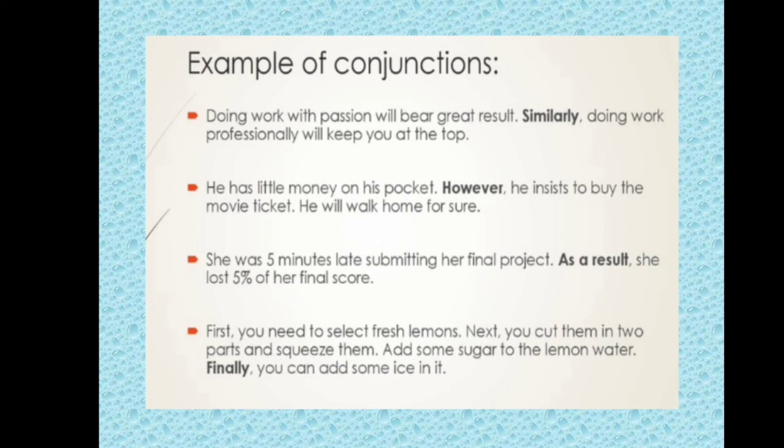The third one: she was 5 minutes late submitting her final project. As a result, she lost 5% of her final score. And the last: first, you need to select fresh lemons. Next, you cut them in two parts and squeeze them. Add some sugar to the lemon water. Finally, you can add some ice in it. Nah, di sini yang bercetak tebal seperti similarly, however, as a result, and finally adalah bentuk conjunction.